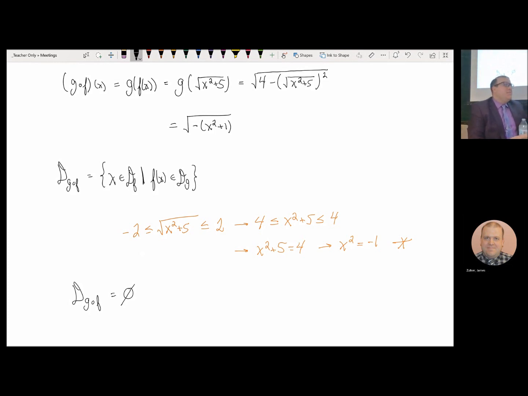There are no values that make this defined. I should clarify that. This is not a real valued function. It is a complex valued function, though. But yeah, that's for senior level math.